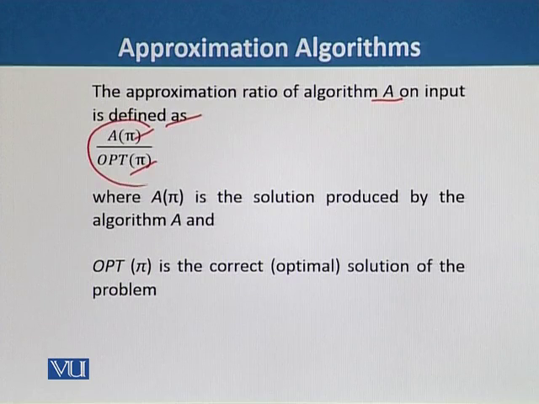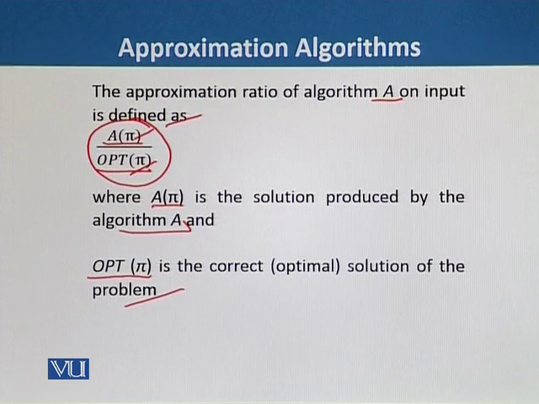In this equation, A(π) divided by OPT(π), A(π) is the solution produced by algorithm A, and this solution is the approximate solution and not the optimum solution. And OPT(π) is the correct optimal solution of the problem.